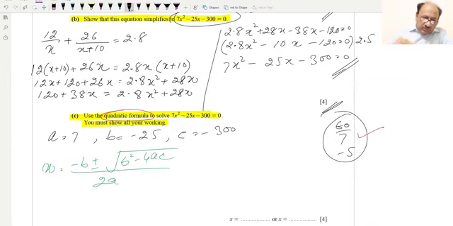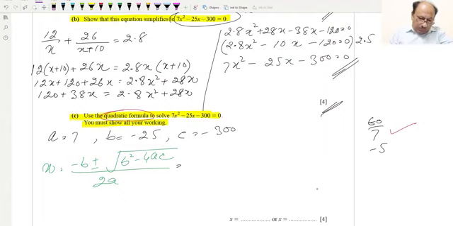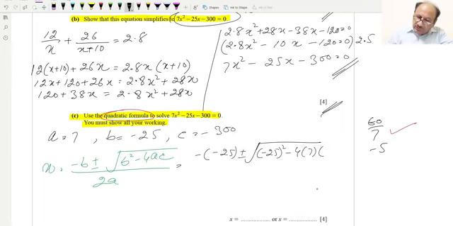Now we replace the values in brackets: minus b means minus minus 25, plus or minus b squared means minus 25 squared, minus 4 times a which is 7 and c which is minus 300, divided by 2a, so 2a will be 14.